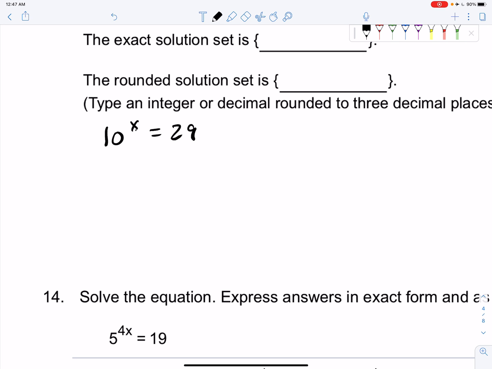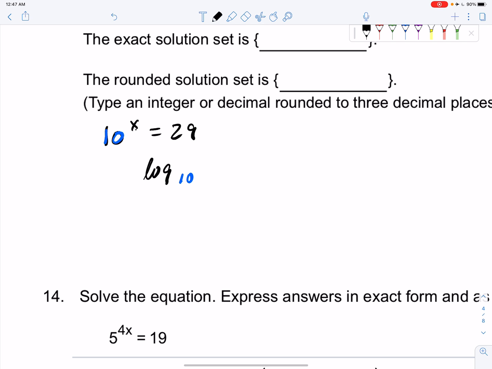Well, the logarithms will dial it in for us. Let's convert our base, exponential value. So base is 10, so we've got log base 10 of 29. And of course, all of that will equal the exponent of x.